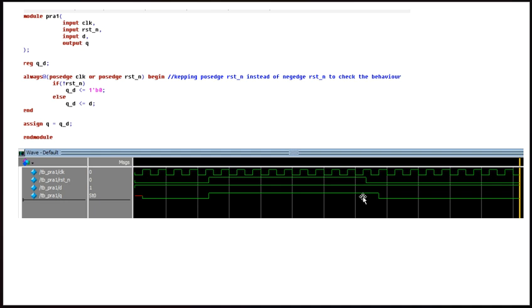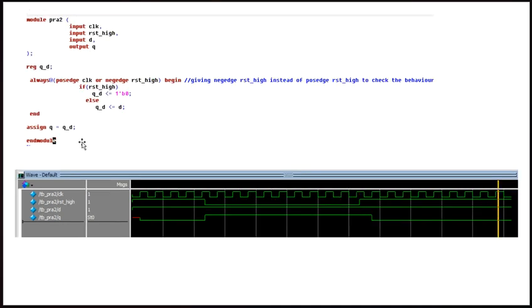If something happens to the clock in the design, my design gets hung or my clock is not being driven properly, then this will not work as per the definition of asynchronous. That's why we can't give posedge instead of negedge, and that's why we give negedge in the active low reset.